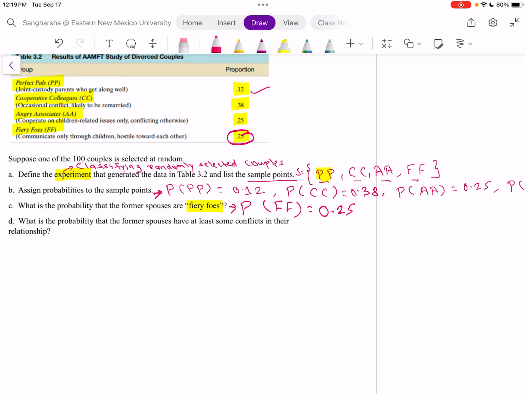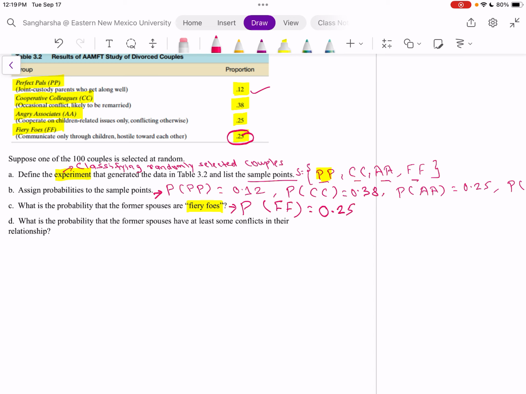Okay, can you try this? At first, make a list of the sample points. You have the 4 options, and out of 4, which group has at least some conflicts in their relationship?